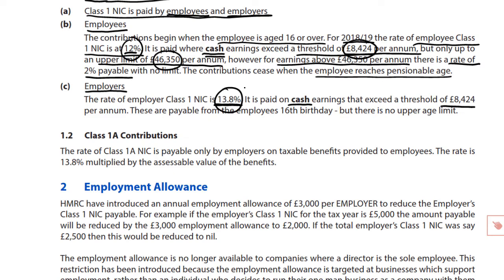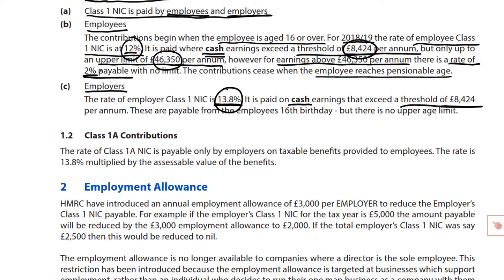Well, those are big, big numbers that we're talking in terms of, albeit, of course, there's nothing on the first 8424. Go above 46,350, then it doesn't change for the employer. It's 13.8% across the board above that threshold of 8424. But for the employee, it drops to 2%.